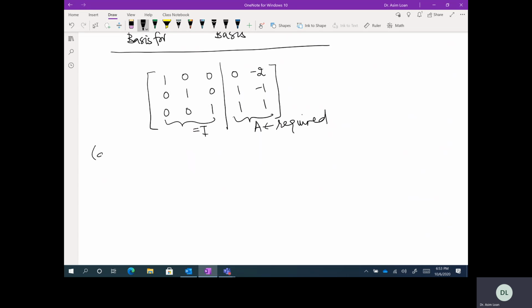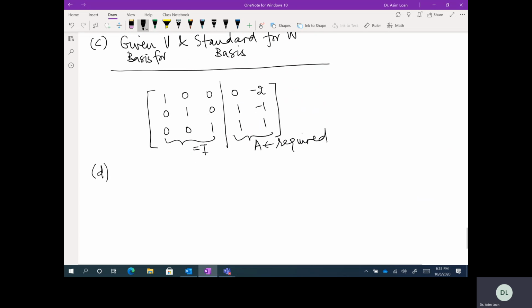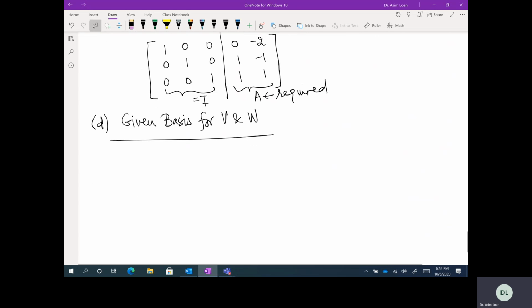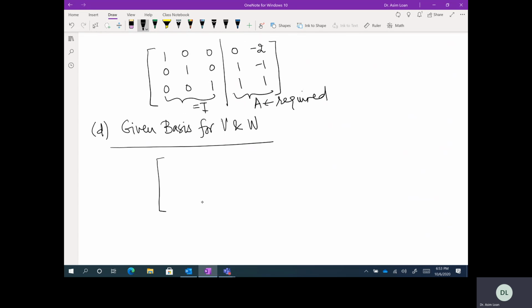And finally, the last option is given bases for V and W. So given the basis for V and W, this matrix is as is: 0 minus 2, 1 minus 1, 1 1.